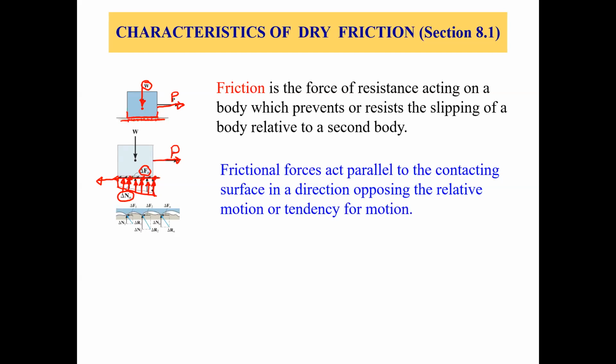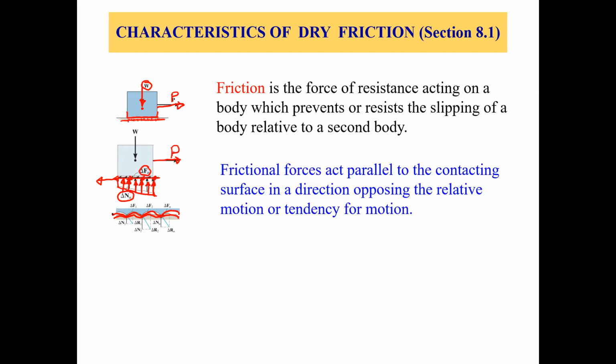If you look through a microscope, you'll find the surface like this, both the top surface, which is the box, and the bottom surface, which is the floor. So there are some gaps and some contact points.